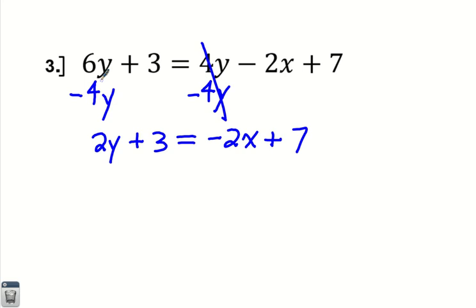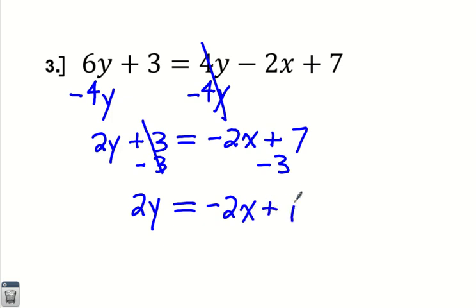And now this should look very much like an example we've already done, okay? So now we have 2y remaining. And can we subtract 3 from negative 2x? No, of course not. But we can subtract 3 from the 7, and that'll be plus 4. And now, of course, we divide both sides by 2.